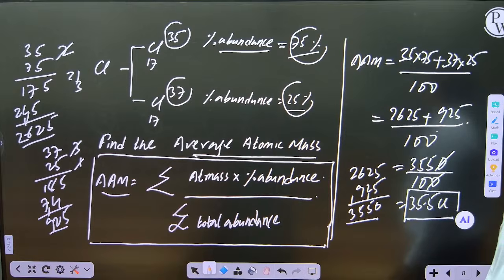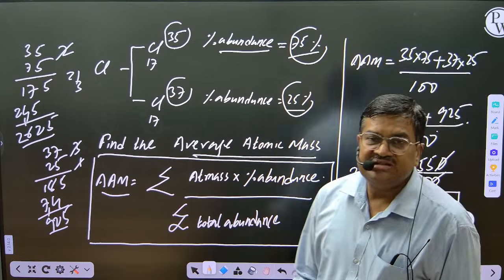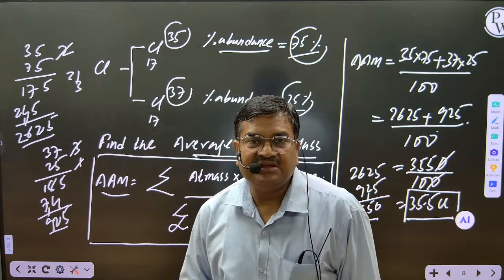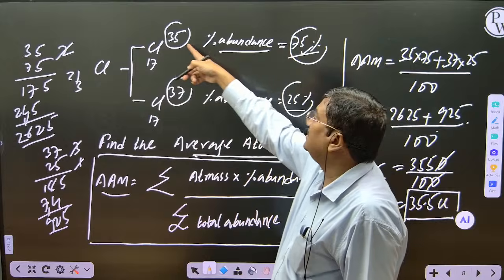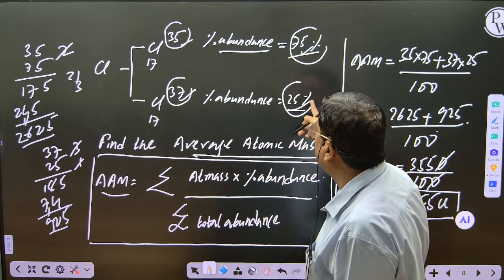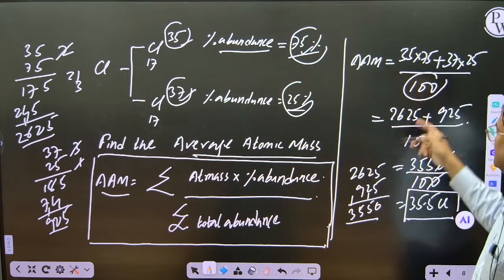So understood students? How are we getting average atomic mass? The percentage abundance is multiplied with atomic mass. So here it is 75 into 35 plus 37 into 25 upon total abundance.